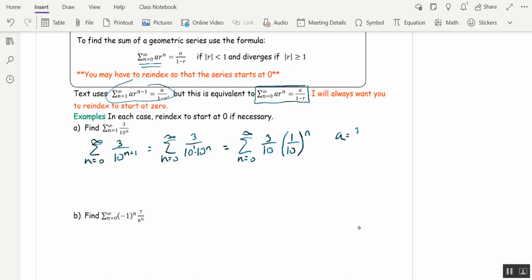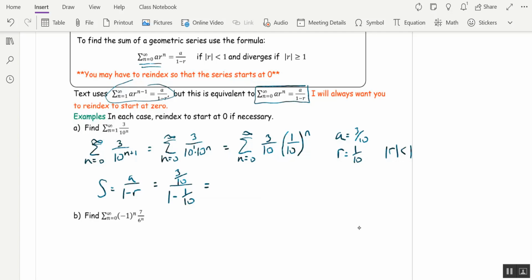A is 3/10, r is 1/10. The absolute value of r is less than 1, so this converges. And it converges to a over 1 minus r. A is 3/10, r is 1/10. Now, typically you're going to get a complex fraction when you use that formula. My suggestion is multiply top and bottom by the smallest number that will clear all your denominators.